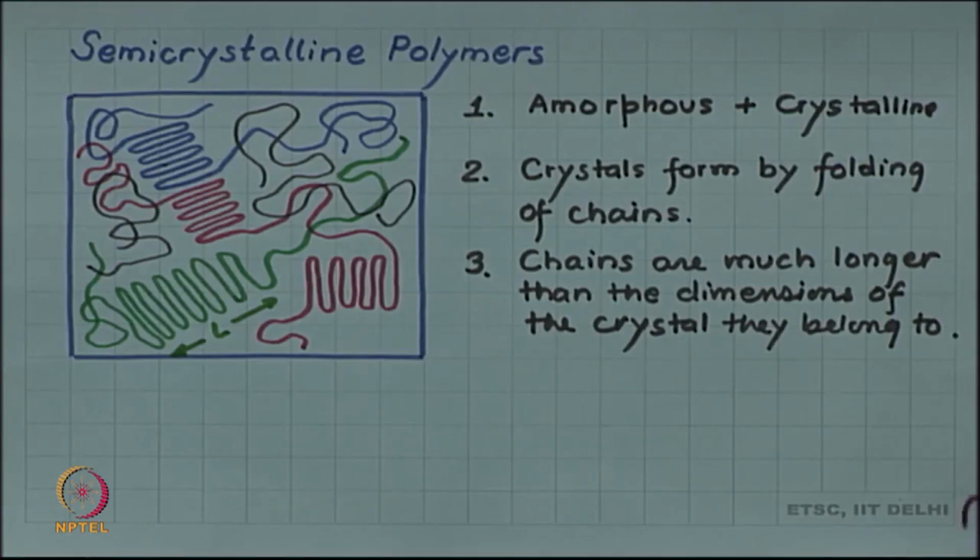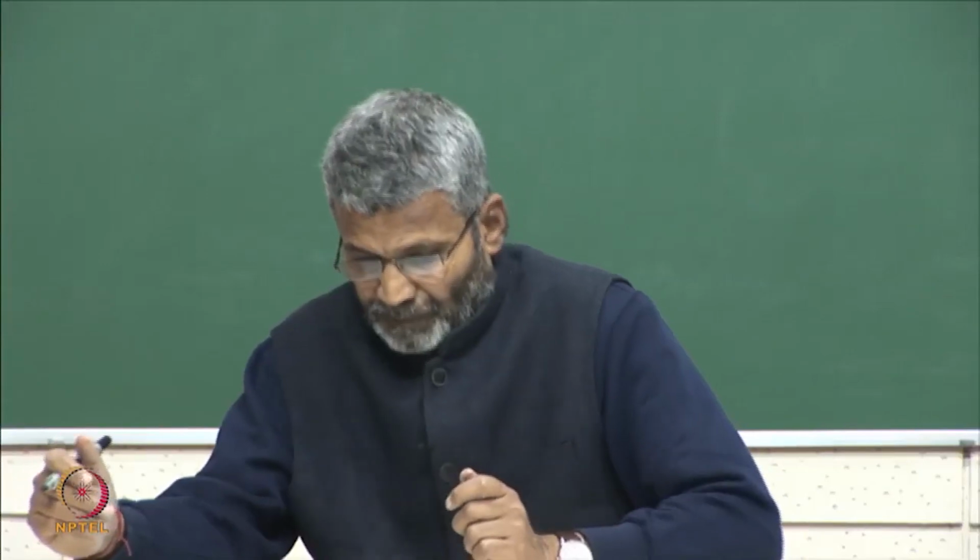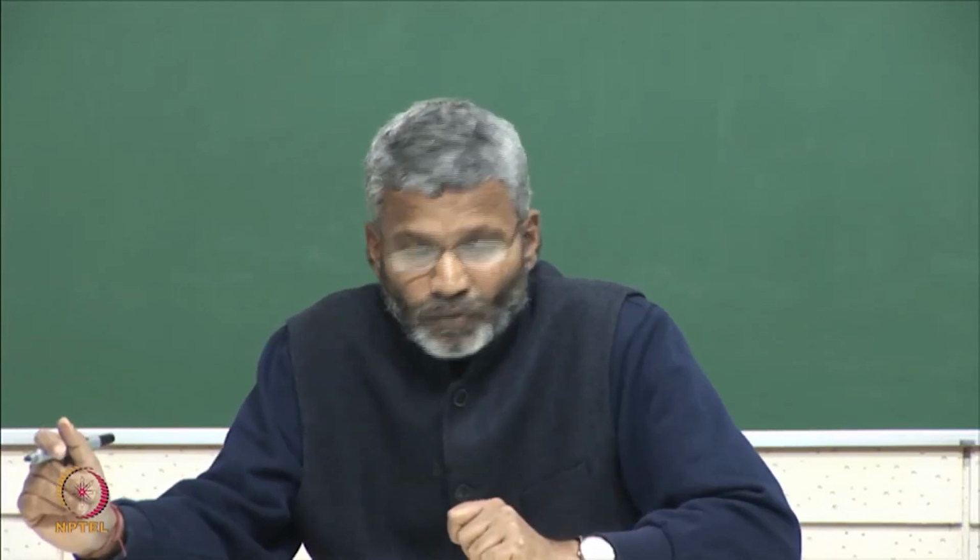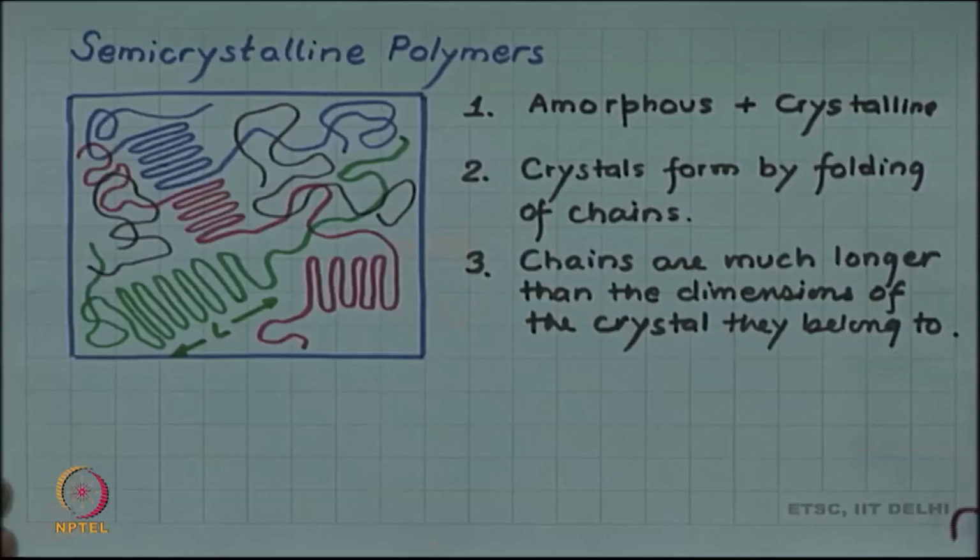This led to the confusion of how, in a small unit cell or in a small crystal, long chains can fit. So, then this folding mechanism was thought of and gave an explanation for long chains fitting into smaller unit cells or smaller crystals.